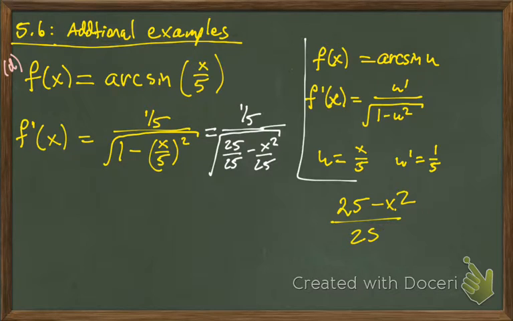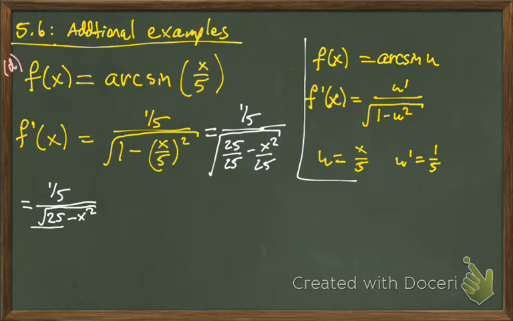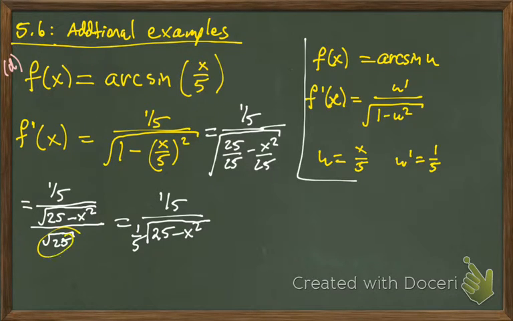Okay, so let's go ahead and take a look. So we have 1/5 divided by the square root of 25 minus x squared, divided by the square root of 25, which will be equal to 1/5 over the square root of 25 minus x squared, times 1/5, because the square root of 25 is the same thing as 5 down here.